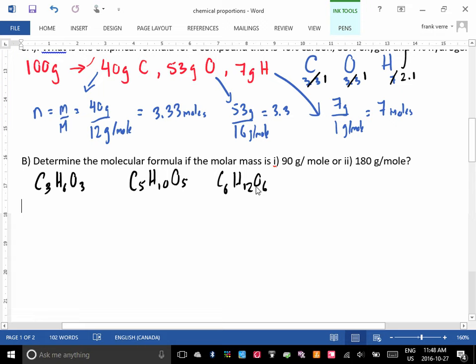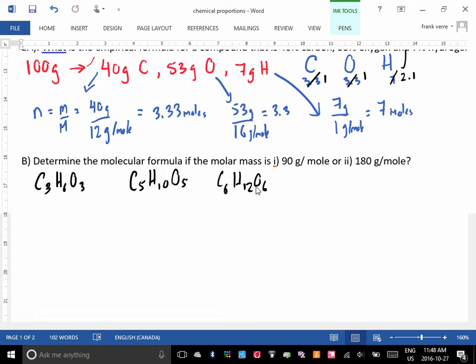But you notice the empirical formula is always 1, 2, 1. It's 1 carbon, 2 hydrogen, 1 oxygen. So the empirical formula doesn't tell you the molecular formula. We need one more piece of information. What we need is the actual molar mass.